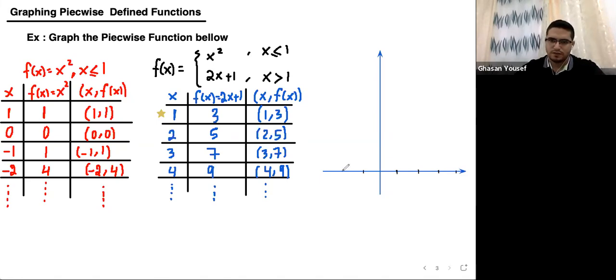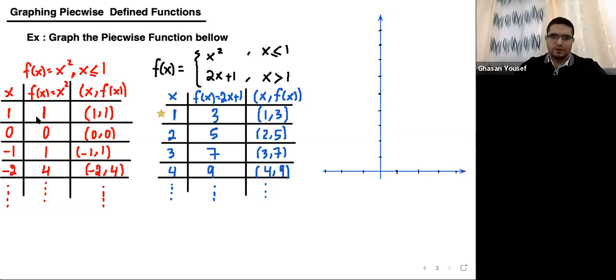This is minus 1, minus 2, minus 3. We're not going to use that. Here I have 1, 2, 3, 4, 5, 6, and 7. And also I'm going to use the 9: 1, 2, 3, 4, 5, 6, 7, 8, 9.